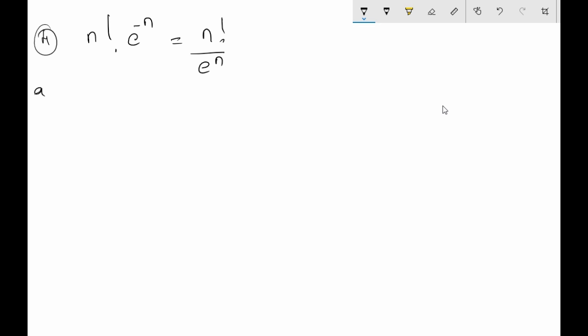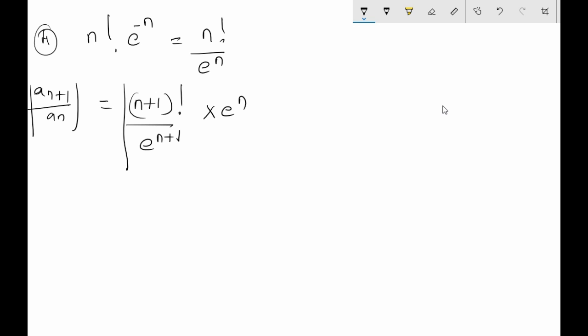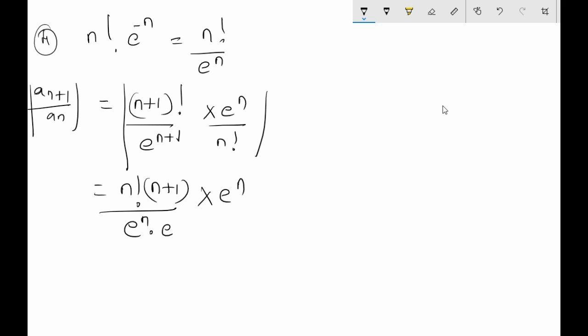So by ratio test, a(n+1)/a(n) will be equal to (n+1) factorial by e raised to n+1, multiplied by e raised to n by n factorial, which will be equal to n factorial into (n+1) and e raised to n, divided by n factorial into e raised to n into e. So we can see here that n factorial and e raised to n will get cancelled. We are left with (n+1) by e.